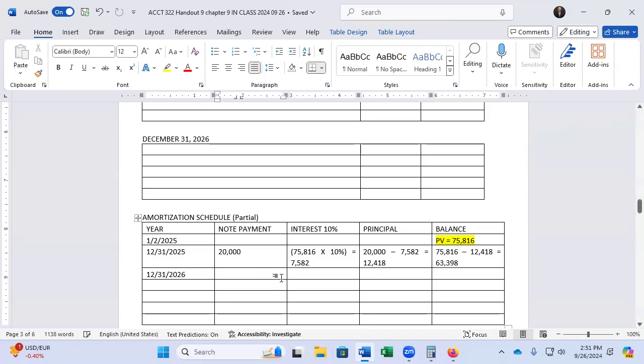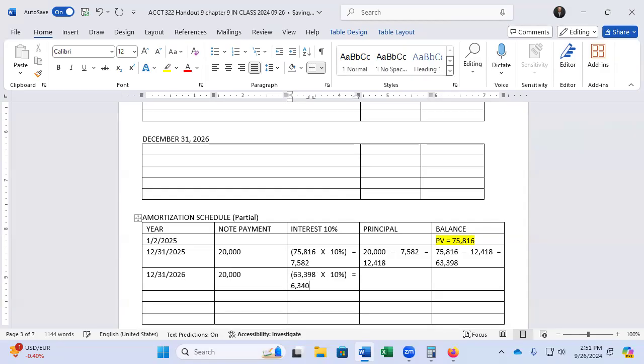So then we're going to go ahead and do the next year, 20,000. Here we're taking the 63,398 balance and multiplying it by 10%. And that's going to equal 6,340 rounded.